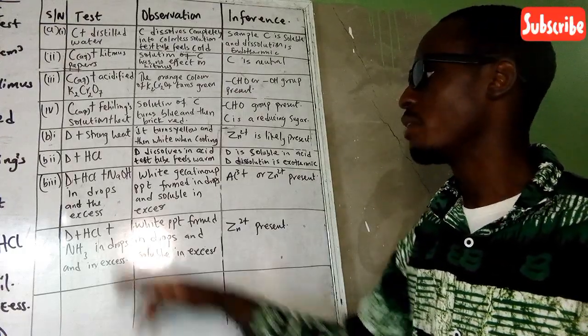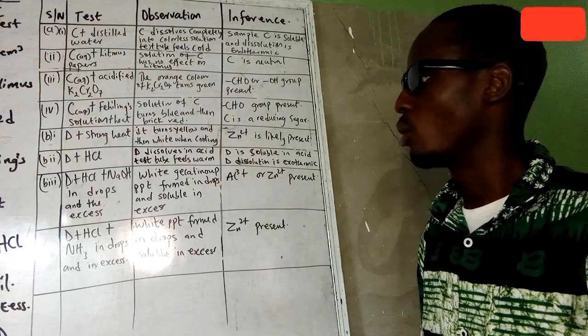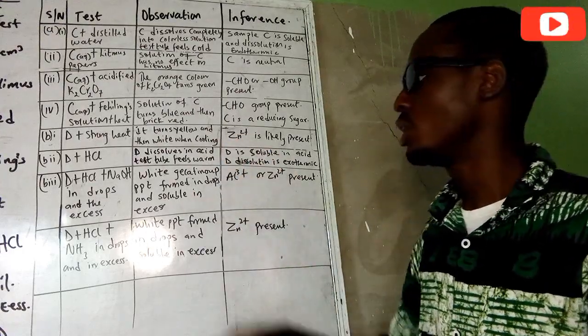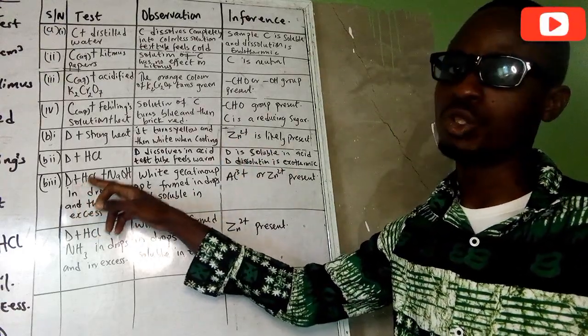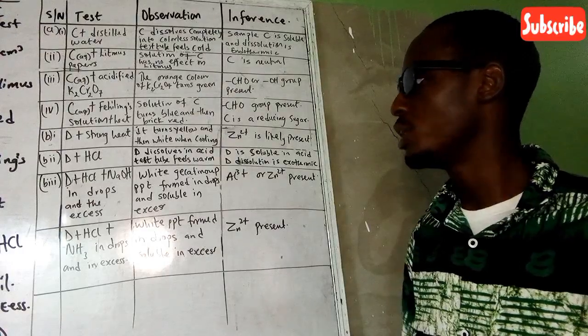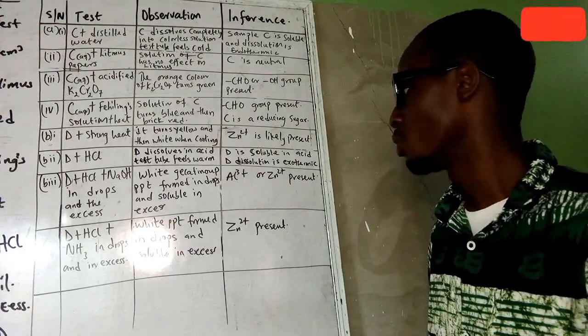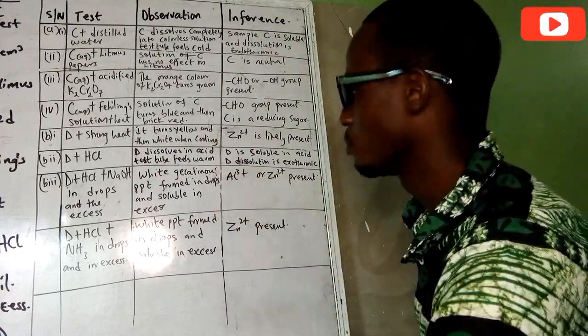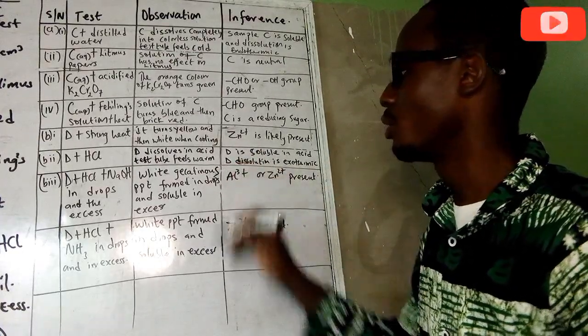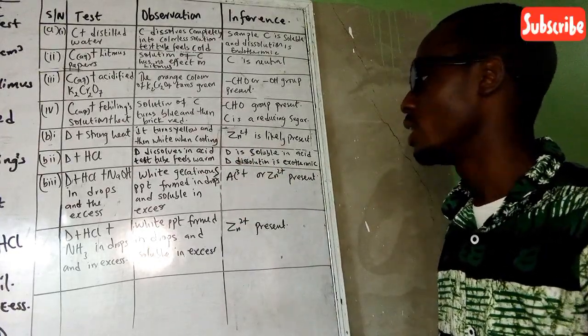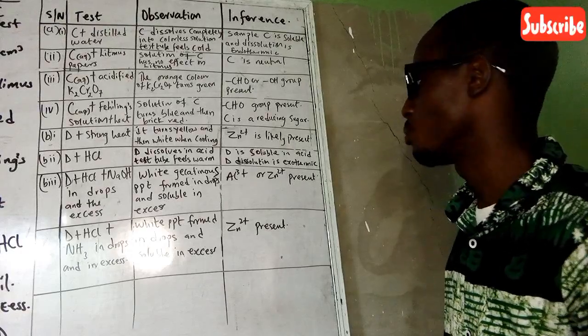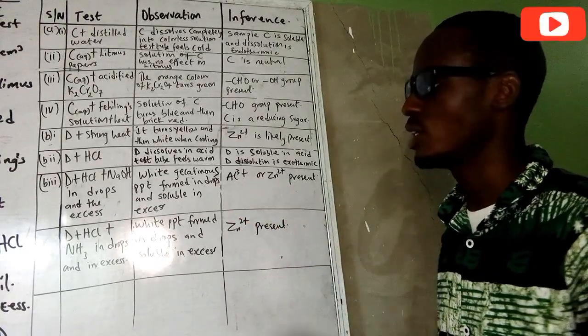Then we have D plus HCl plus NaOH. When NaOH is added, there is a white precipitate which is gelatinous in nature, and in excess it becomes soluble. So we suspect aluminium ion and zinc ion.